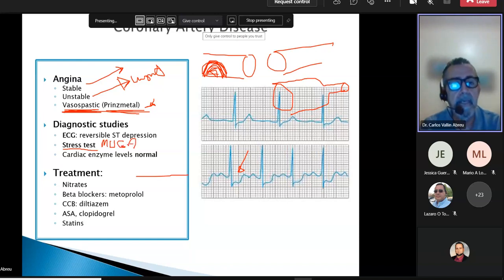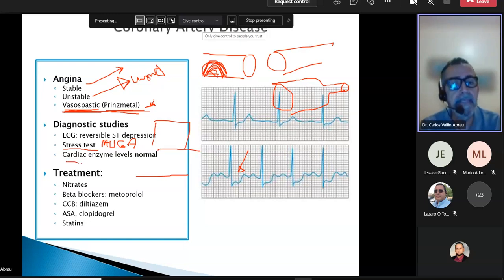MUGA scan is a stress test that instead of doing an EKG, they inject a radioactive isotope and they make an image of the heart during the exercise.